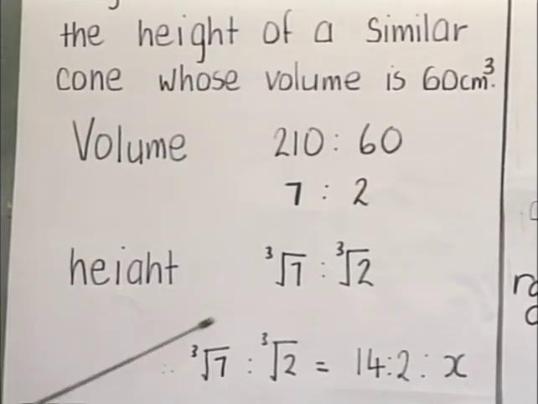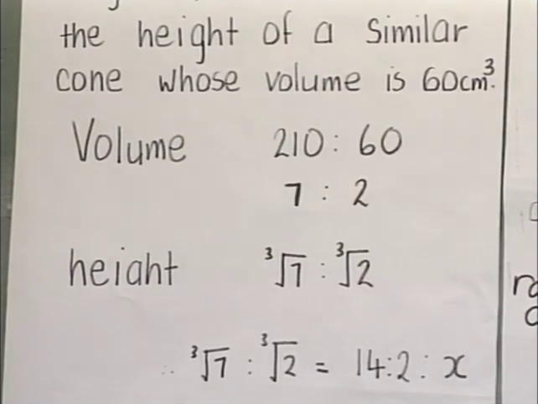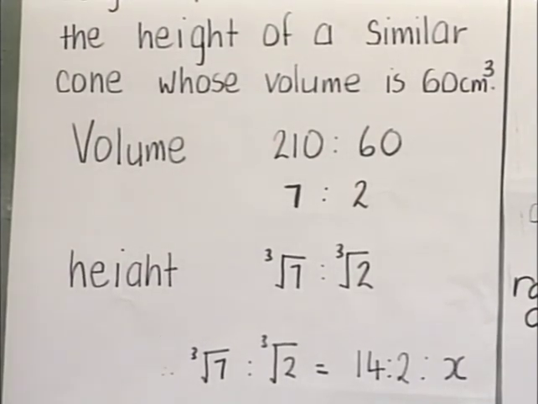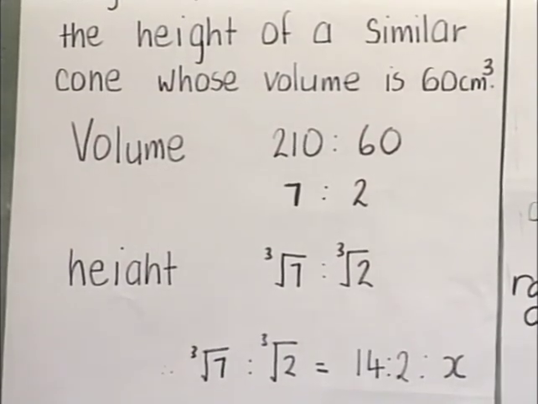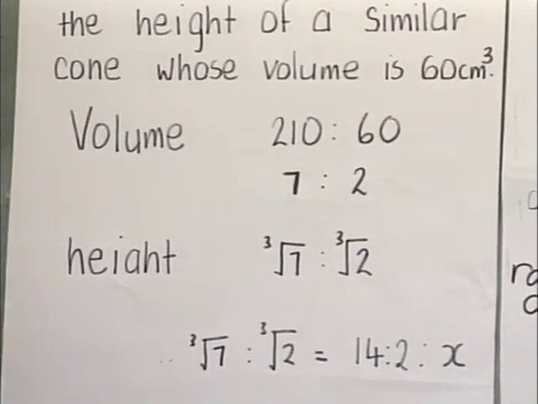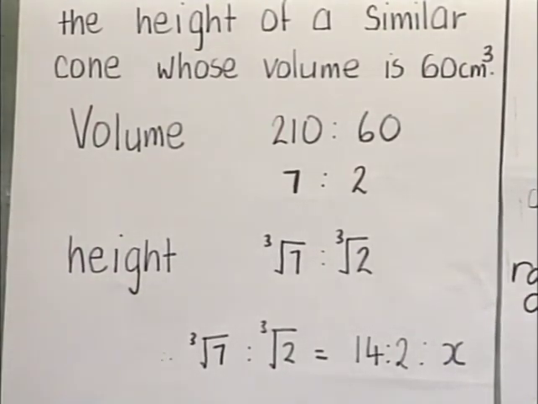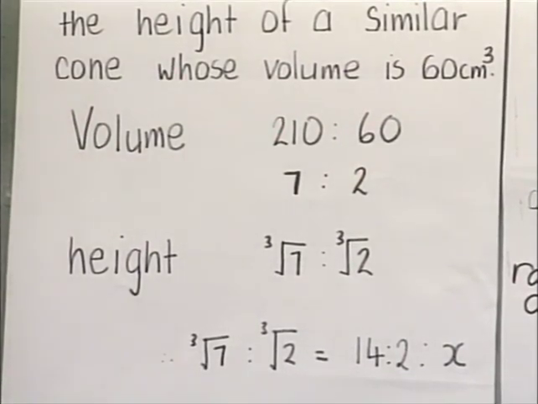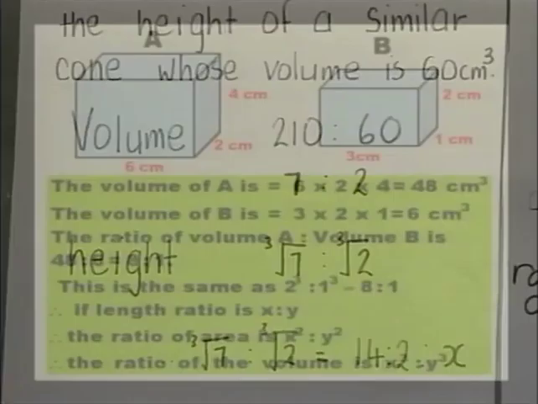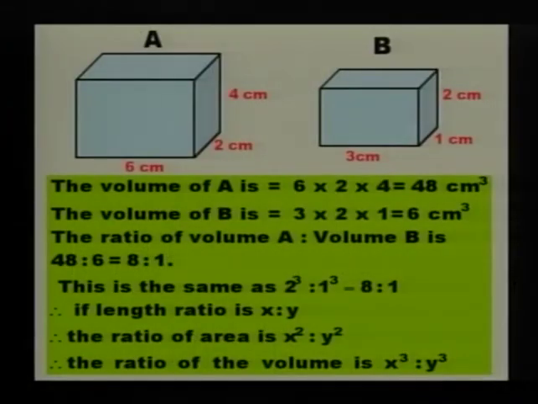Okay, there are actually two ways. If you know the formula for the cone, then you can use it. Otherwise, it's not necessary. What you can do is to get the ratio of the height, you just find the cube root of the ratio of the volume, because that's what I state here. You cube the ratio of the length to give you the ratio of the volume.